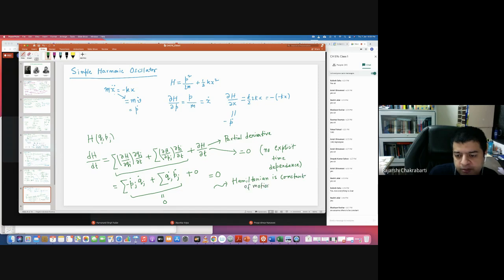And since the Hamiltonian means the total energy of the system, the total energy of the system is conserved. Is this clear? It's not a big thing.